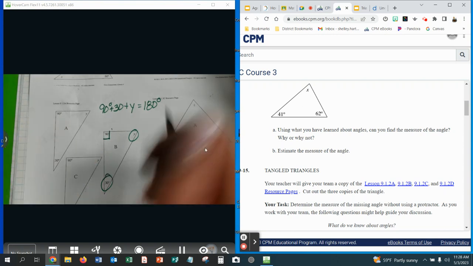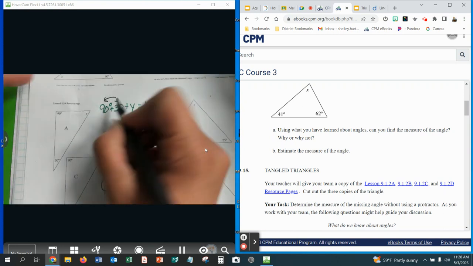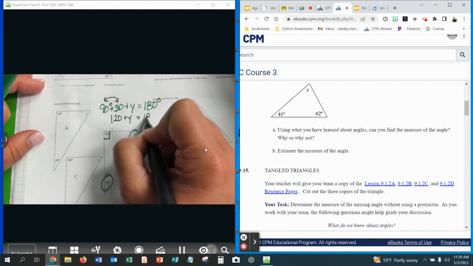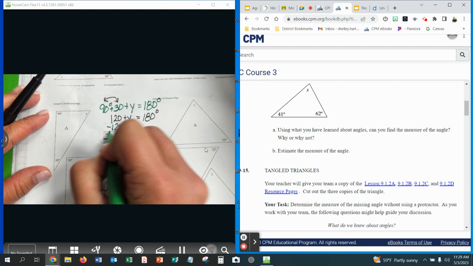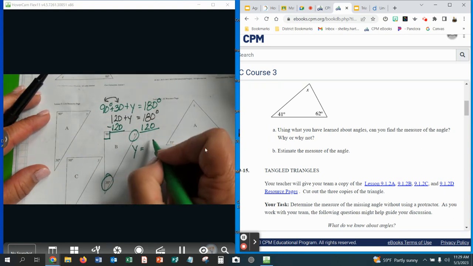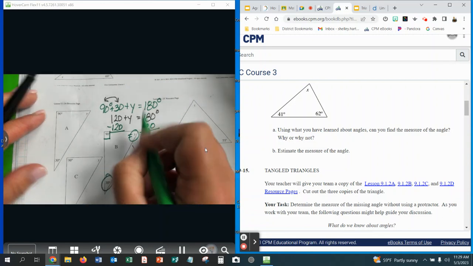Great. Okay, one step at a time. We've got 120 plus y equals 180. Then we're going to subtract 120 from both sides. Y equals, perfect. Yep.